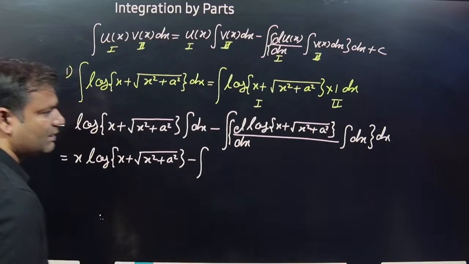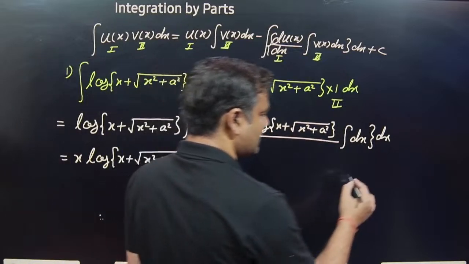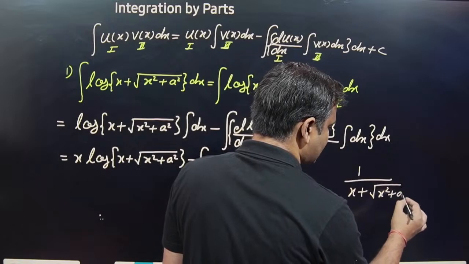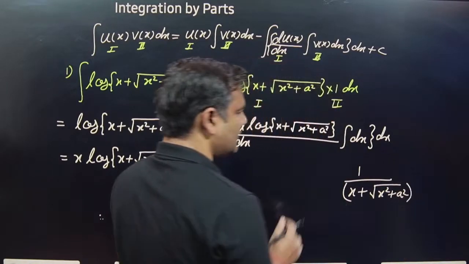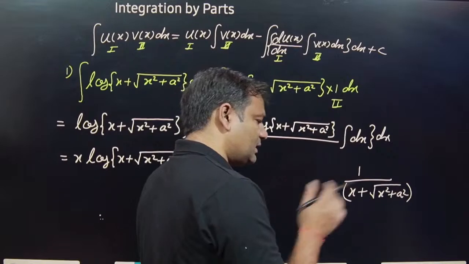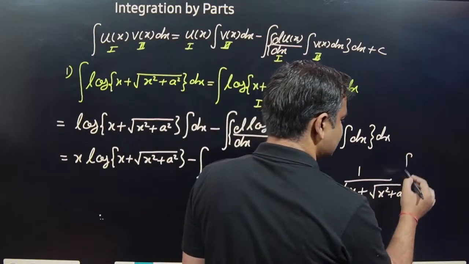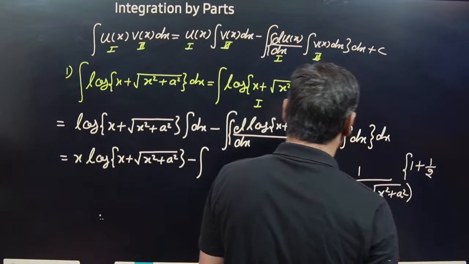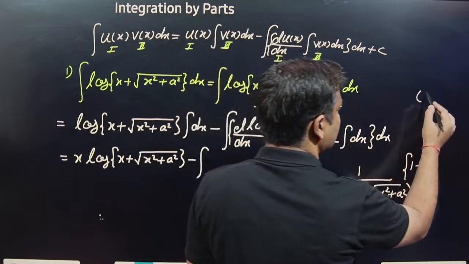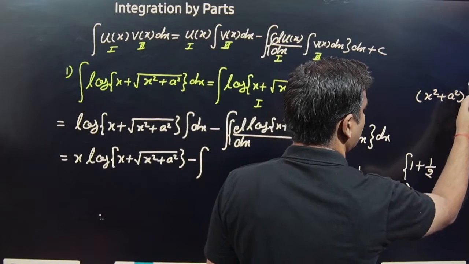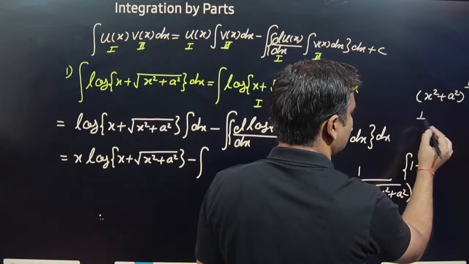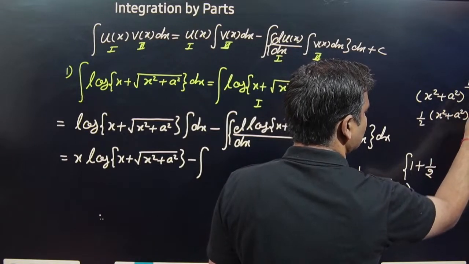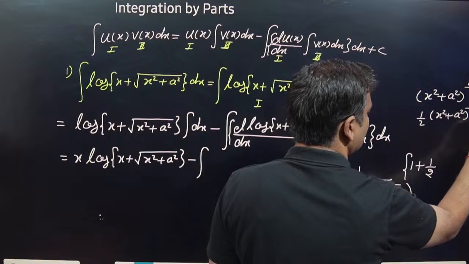Minus, now the differentiation of this is simply 1 upon x plus under root x square plus a square into differentiation of this part: differentiation of x is 1, plus differentiation of x square plus a square to the power 1 by 2, which is 1 by 2 into x square plus a square to the power 1 by 2 minus 1, so minus half, into 2x.